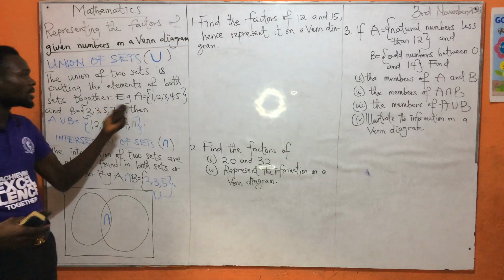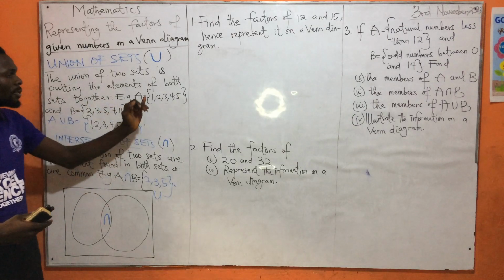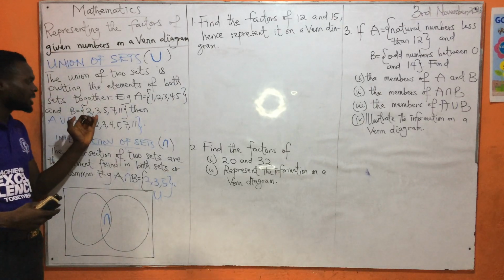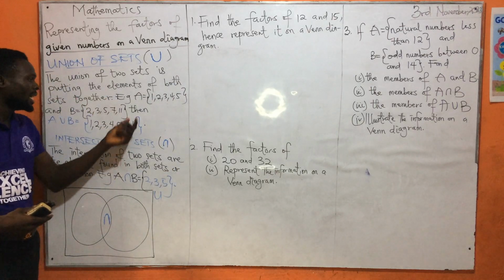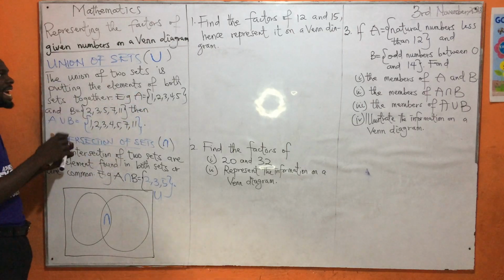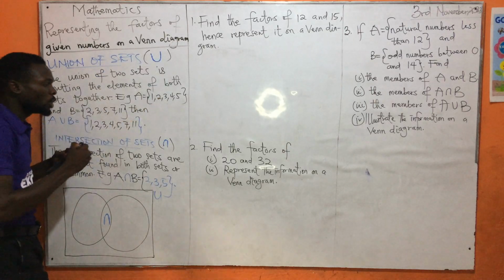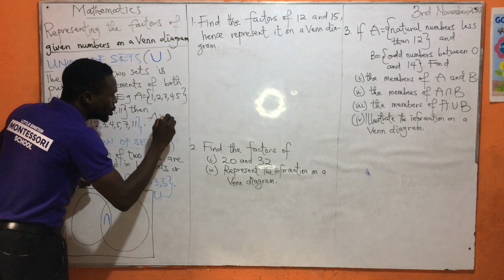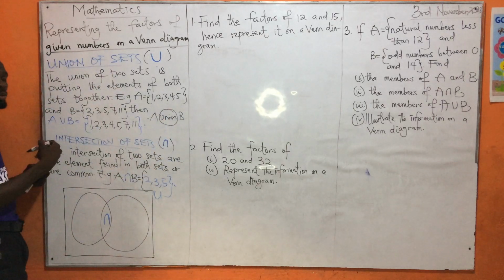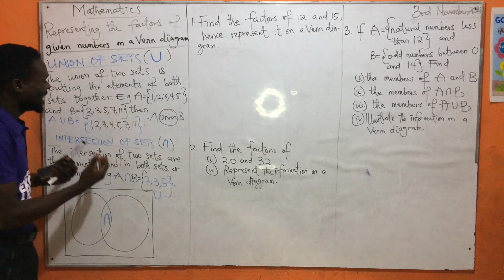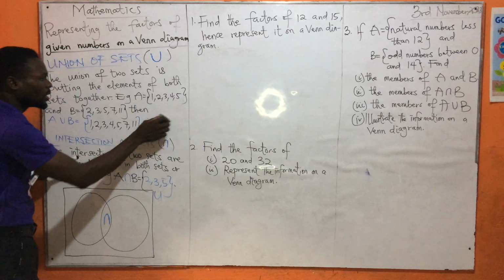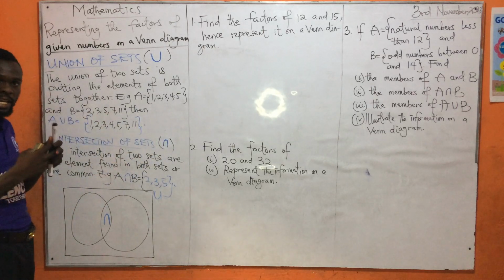An example is, if I have the set A as 1, 2, 3, 4, 5, and B as 2, 3, 5, 7, 11, then A union B, remember we said that union is denoted by the symbol U. So A union B is putting the elements in set A and set B together.